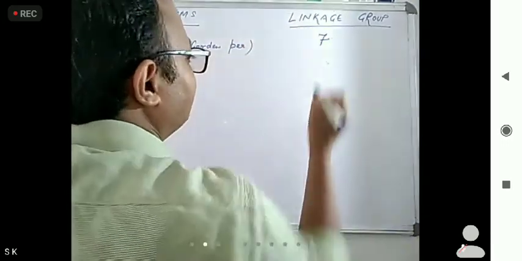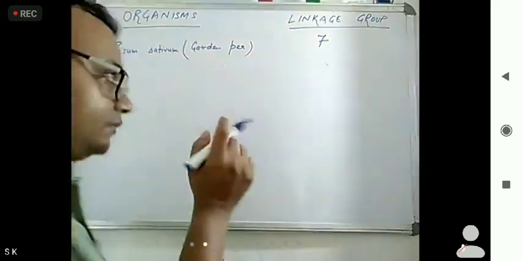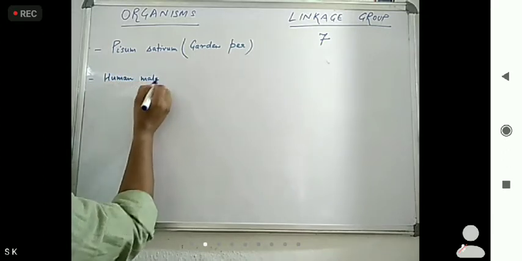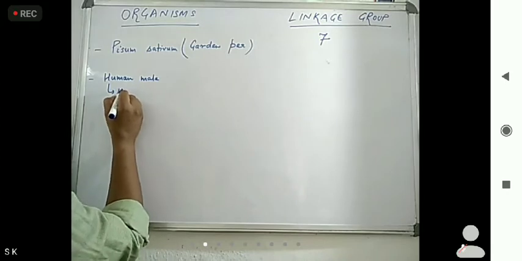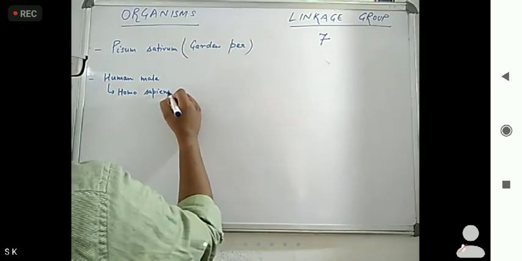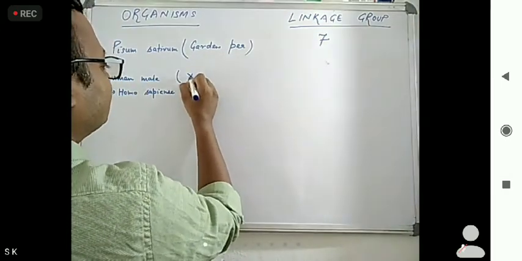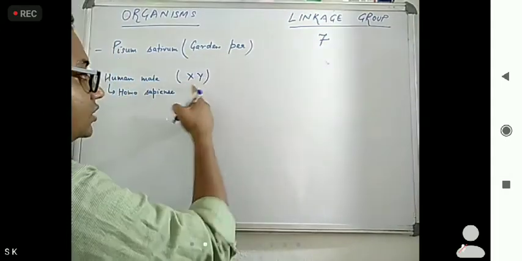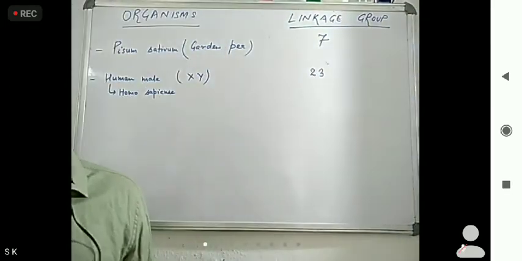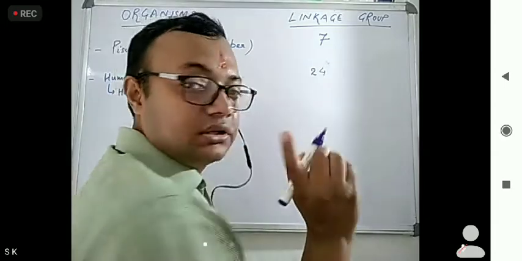Their linkage group number is 7. Now human male, Homo sapiens. Male is X, Y. So here it is 23, sorry, it is 24, because 23 plus 1 is 24.